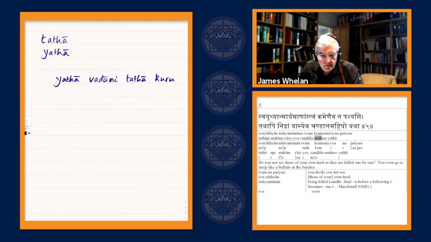So usually the yata will come first in the sentence and tata after it, but you can reverse that, as happens here. Tatapi nidram yasyeva chandala mahisho yata. We could change this round here to chandala mahisho yata tatapi nidram yasi. So a chandala means a butcher.